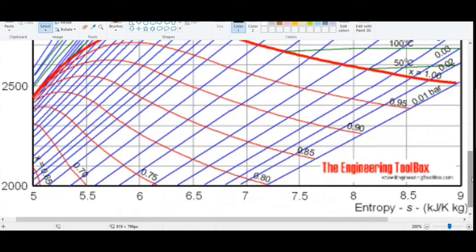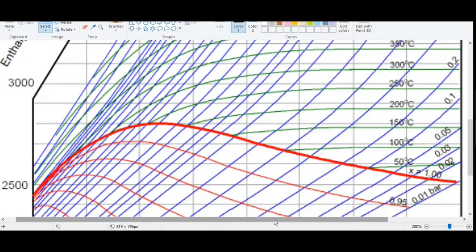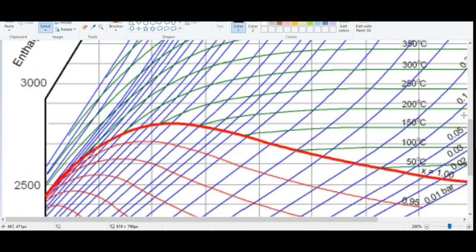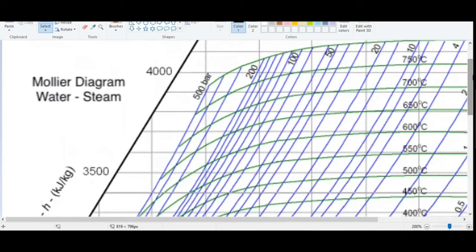This is the Mollier diagram. On the horizontal axis there is entropy and on the vertical axis there is enthalpy. Now we will find out what is the initial condition of steam and we will locate the point. So as per the given data, the initial condition of steam is at 150 bar pressure and 600 degrees Celsius.